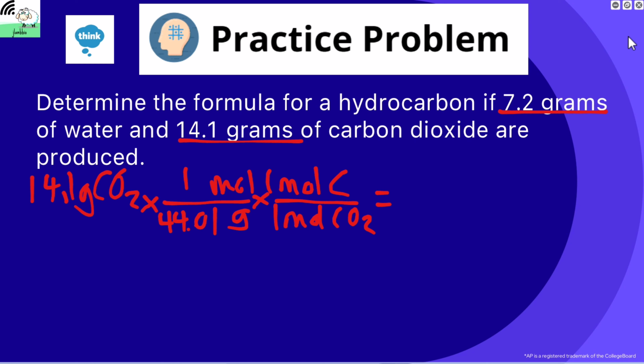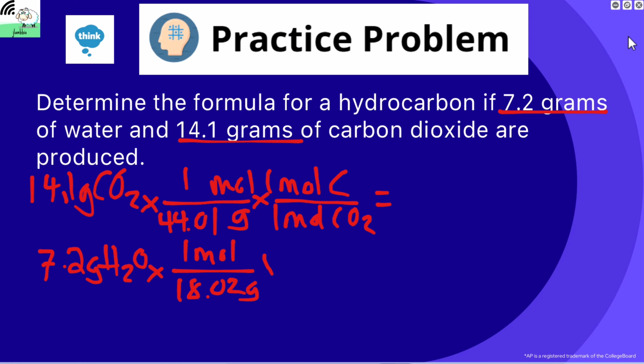And then we're lastly going to do water, so 7.2 grams of water, right? Grams to moles. And then remember, because water has 2 moles of hydrogen per H2O, we're going to do a 1-to-2 ratio.